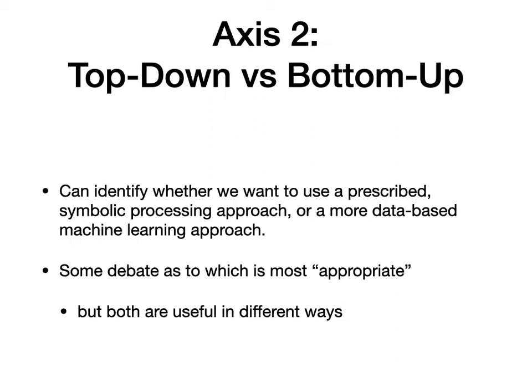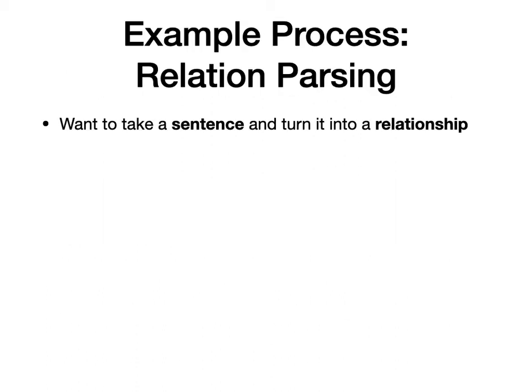Let's walk through an interesting example process of how text can become something a little bit more than just raw text. It can become some form of understanding. And that could be relation parsing. So this is the idea: we want to take a sentence and turn it into a relationship. What does that mean? It's a sort of ontological thing. If I say some sentences are strings, that implies some kind of knowledge connection, two entities that are related in some way.